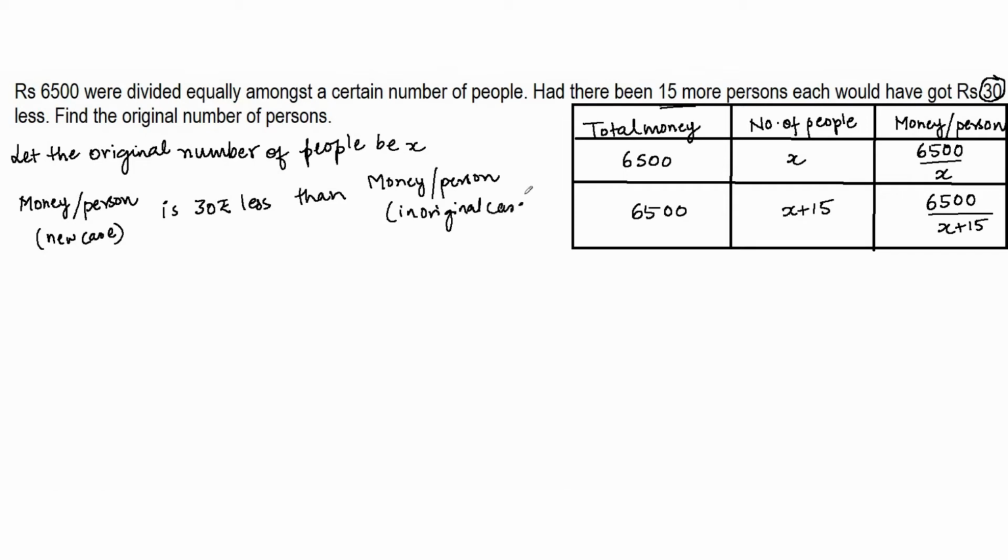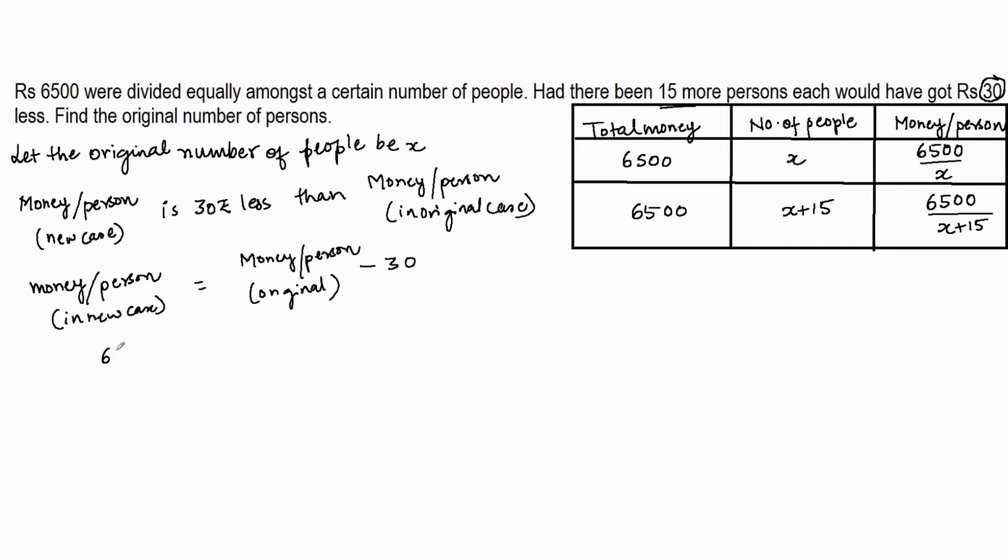And that means the money per person in the new case is equal to 30 less than the money per person in the original case. This is what it means. Now the money per person in the new case is 6,500 divided by x plus 15, which is going to be equal to 6,500 divided by x minus 30.